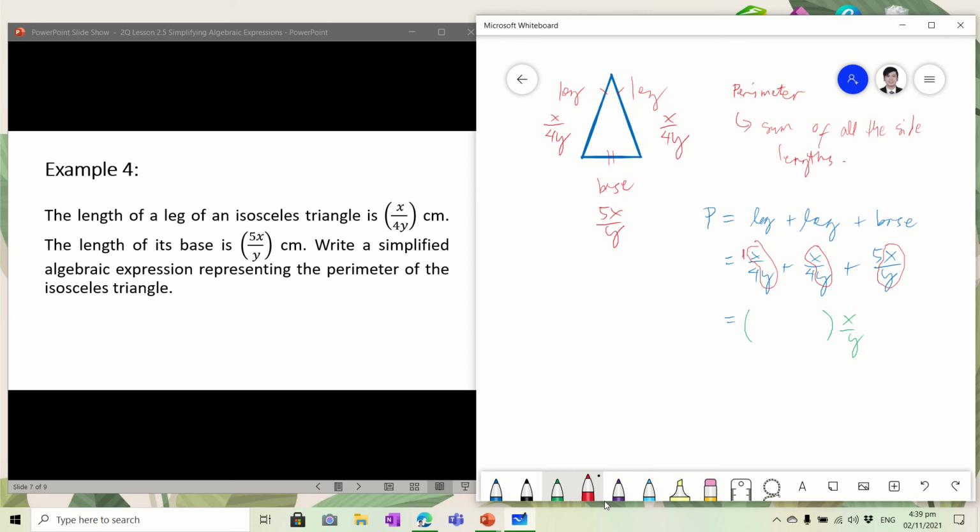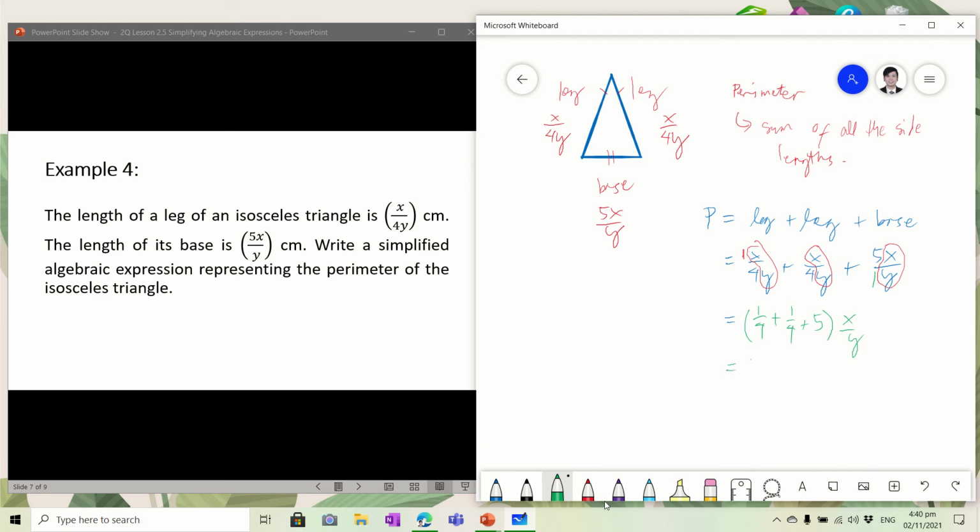So that's 1/4 plus, same here, that's 1/4. And here, the 5 is already in the numerator, and the y has a numerical coefficient which is 1. So 5 over 1 is just 5. So now, we're adding 1/4 plus 1/4 plus 5.